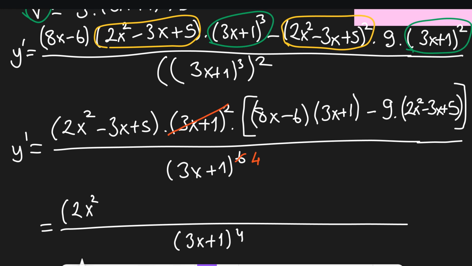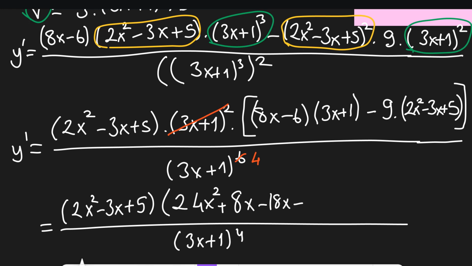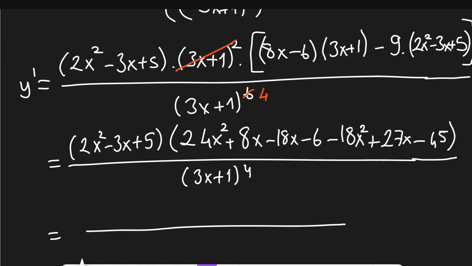Let's expand the brackets in the square brackets in this step. Times 24x squared plus 8x minus 18x minus 6 and minus 18x squared plus 27x minus 45. It is a very long expression.